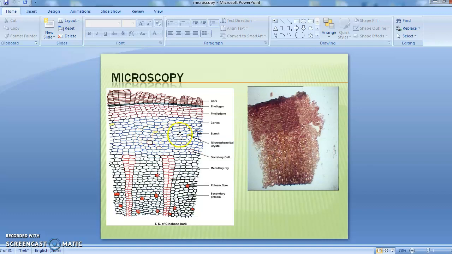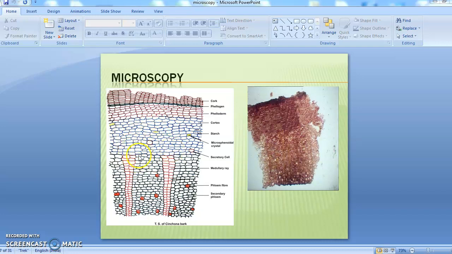It also contains starch, a high amount of starch, and also microsphenoidal crystals of calcium oxalate. Sometimes there are idioblasts, and these also contain some secretory cells or microsphenoidal crystals. This cortex also contains microsphenoidal crystals and secretory cells.